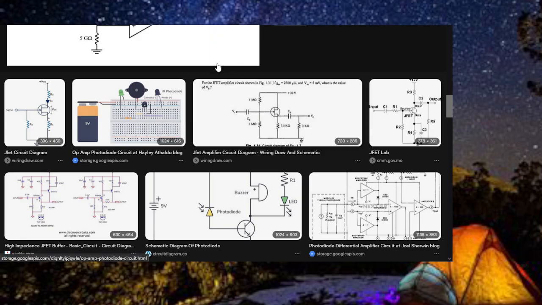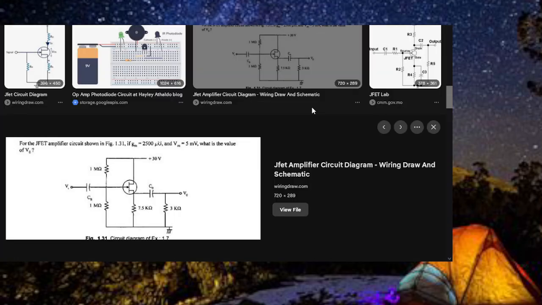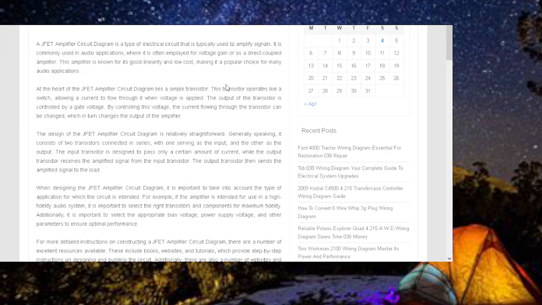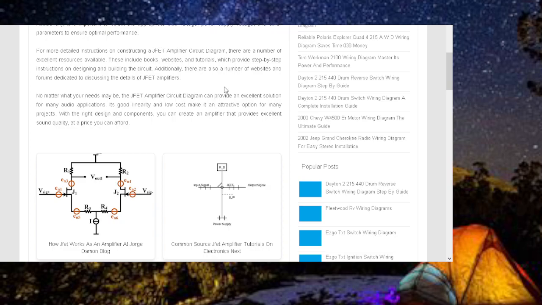I particularly like the looks of that. JFET amplifier circuit, etc. VM 5 mils. What is the value of VE? This particular circuit I like the looks of better because there's really no resistance.